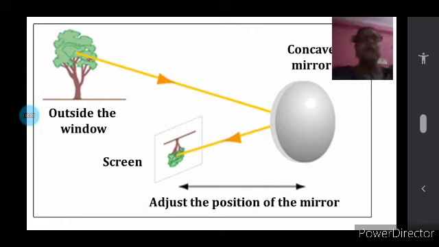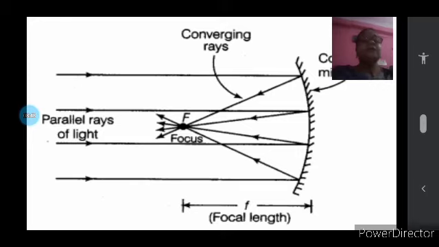Even now, when you are listening to this, you can hold the spoon by the outer side, that is the bulged part of the spoon, and you can increase the distance between your face and the spoon, and you will be able to find your inverted image, that is the real image. Now let us try to understand how the image is formed using a concave mirror.